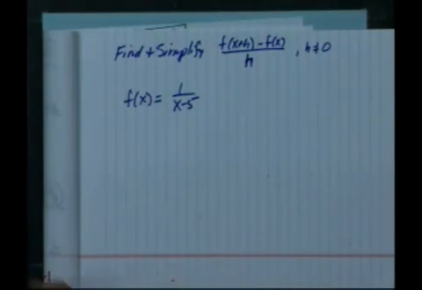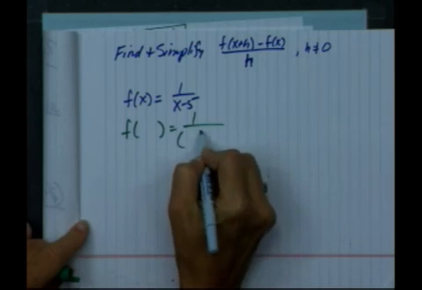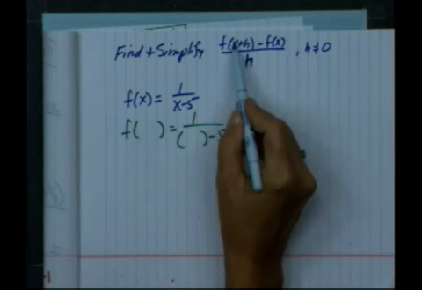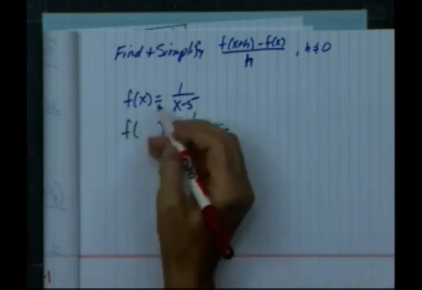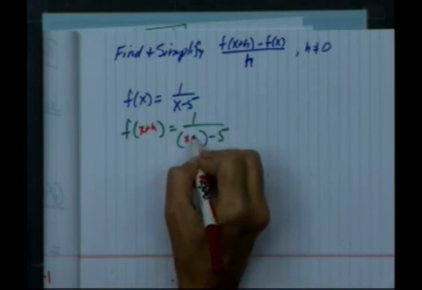So f of anything is going to be 1 over that anything minus 5, correct? And when you look at your difference quotient, you've got an f of x plus h. So wherever I have an x, I'm going to put a little x plus h in there.